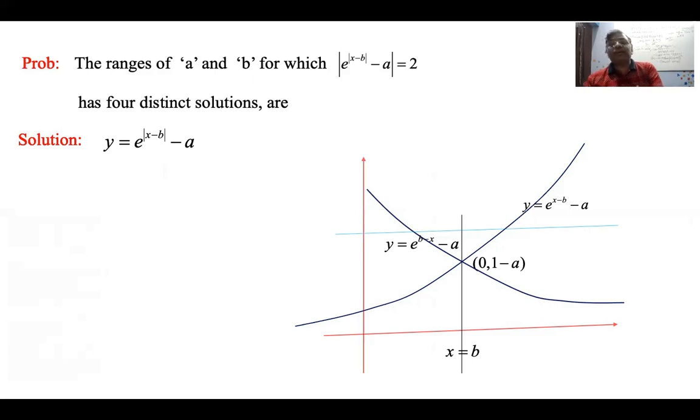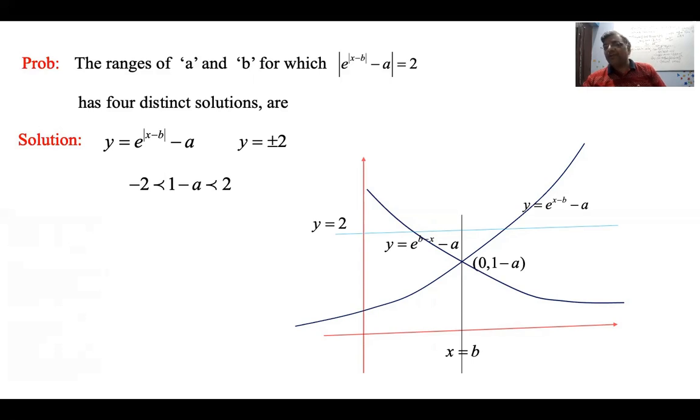Now it is enough to calculate the condition for getting the two solutions here. That is the point of intersection, its y coordinate 1 minus a, must be less than 2 and greater than minus 2. That is for the below part of the graph, which I did not draw in the diagram.